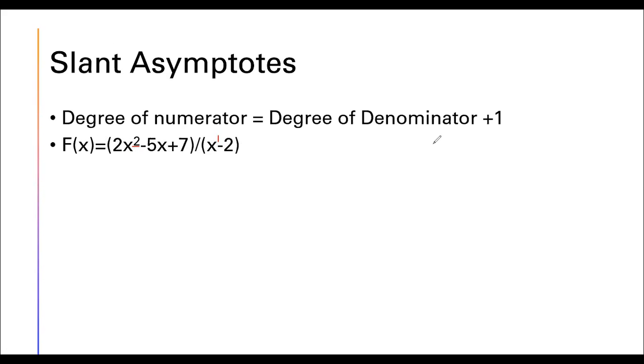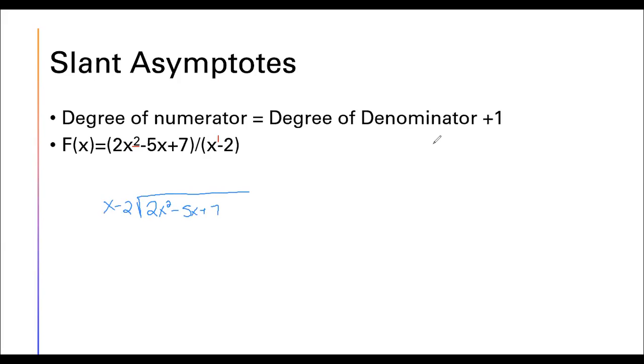To find the slant asymptote, we're just going to do the division. And then we're going to take the quotient without our remainder. So what does that mean? It means I'm going to do this. This is x minus 2, and we're going to divide this into 2x squared minus 5x plus 7.